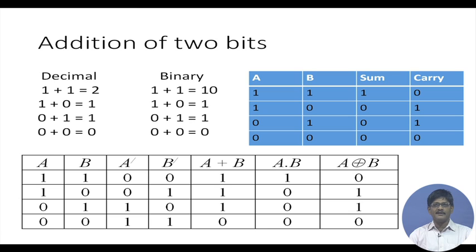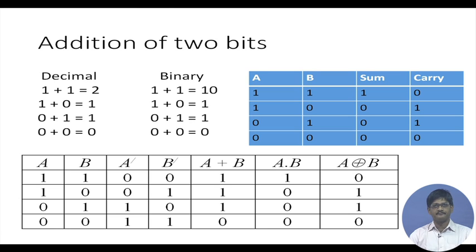So, if we have to represent sum and carry or build up circuits which will give us the results of sum and carry, we can first compare quickly with the established or standard gates and find out whether they are already there.